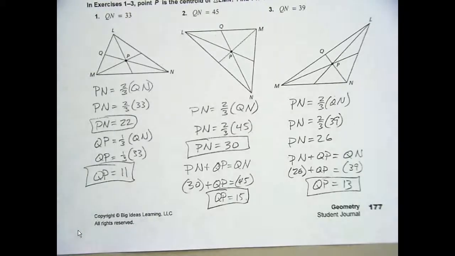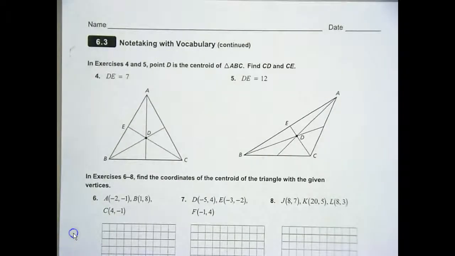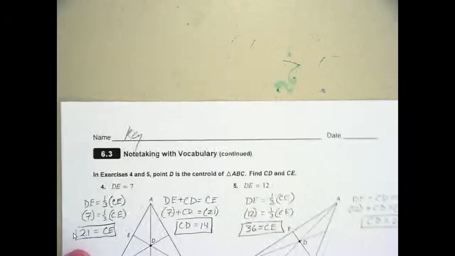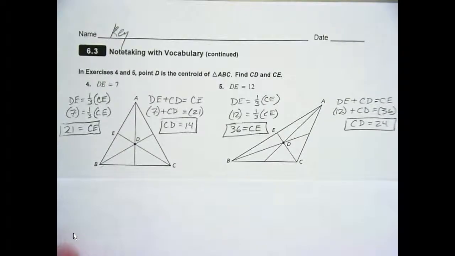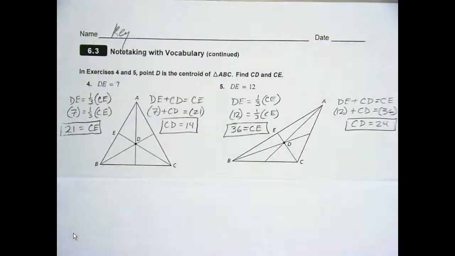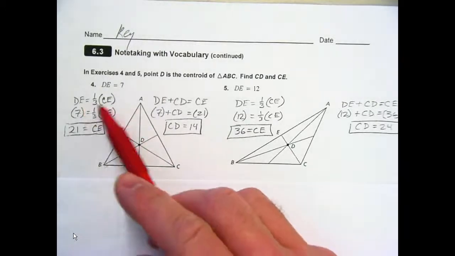All right, go ahead and turn the page. I want you to try numbers 4 and 5 first. Then we'll get to 6. Okay, numbers 4 and 5. CE is 21. CD is 14. 1/3 of CE is DE.